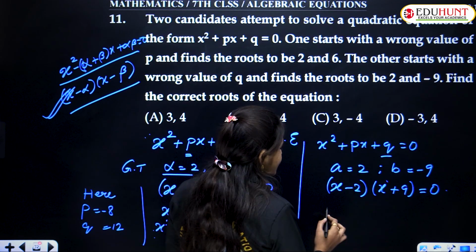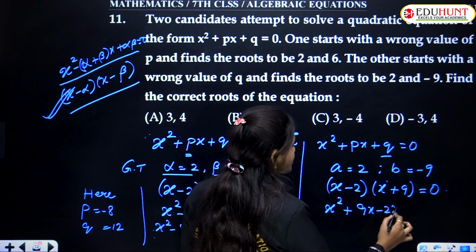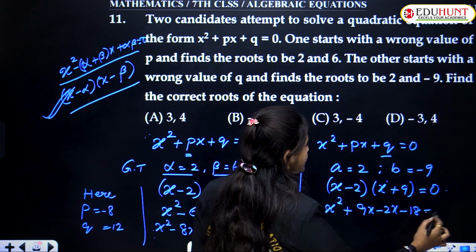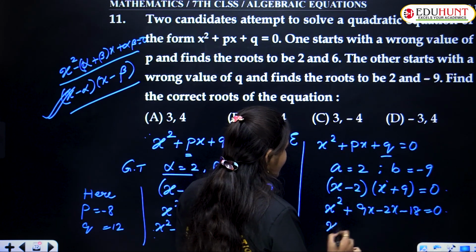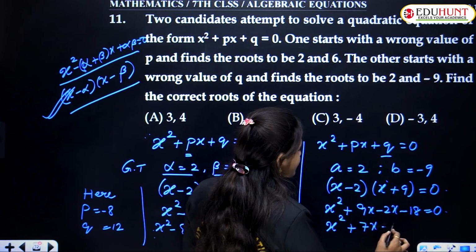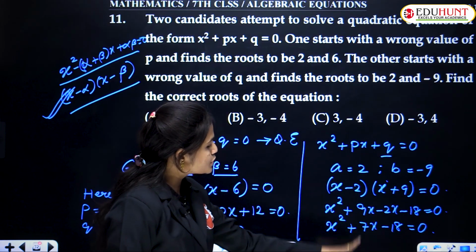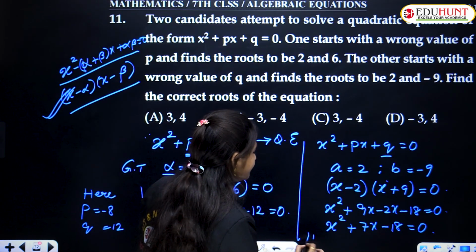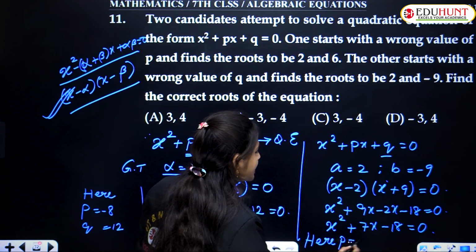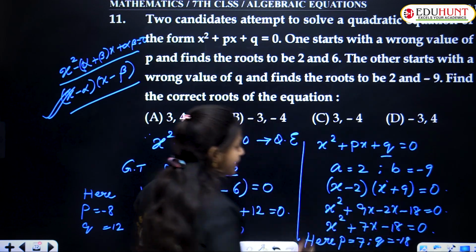Now x square plus 9x minus 2x minus 18 is equal to 0. So x square plus 7x minus 18 is equal to 0. By comparing these two equations, here p is equal to 7 and q is equal to minus 18.